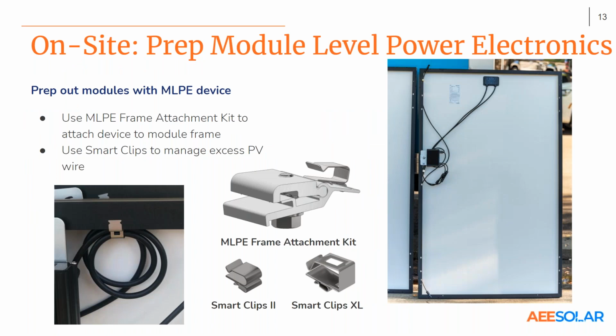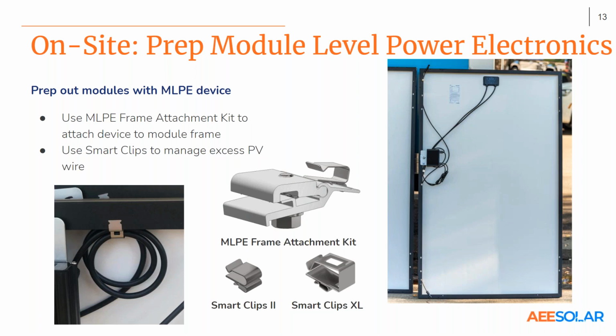We're going to jump ahead here a few steps into MLPE and module prep. One of the big things, as we just talked about, is doing any sort of this prep work on the ground. In this case, this is something you could do with a rail or railless system, but right here is the typical install process for railless systems.